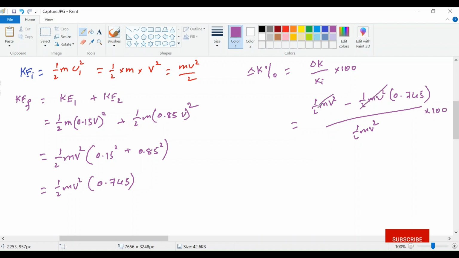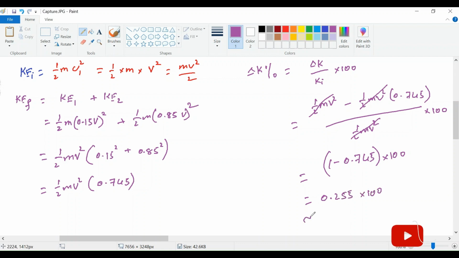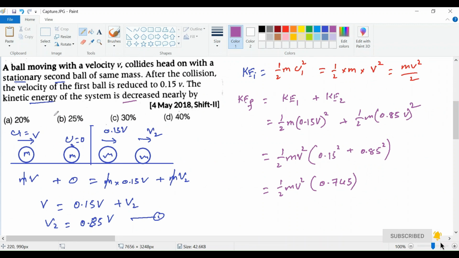Half mv square cancels. Basically 1 minus 0.745 into 100. This value you will get is 0.255 into 100, so approximately 25.5 percent is the required answer. So check the options. Option B is the correct answer. Thank you.